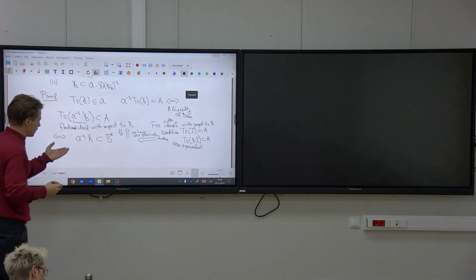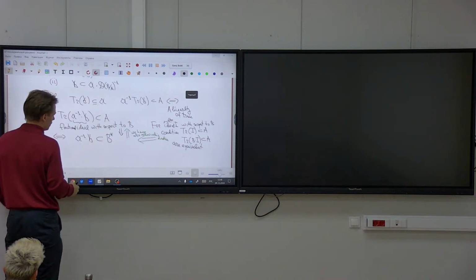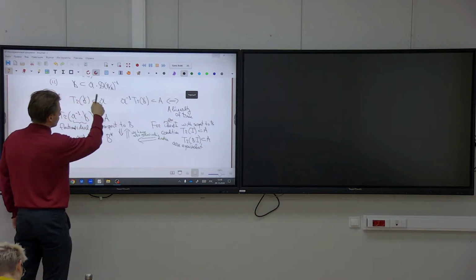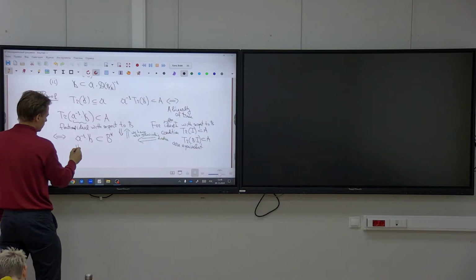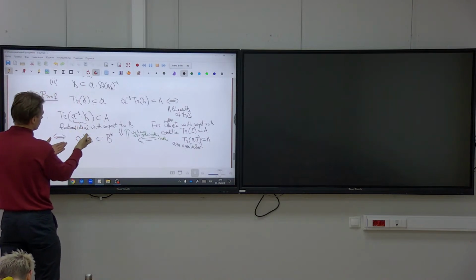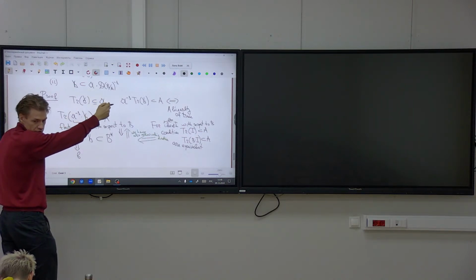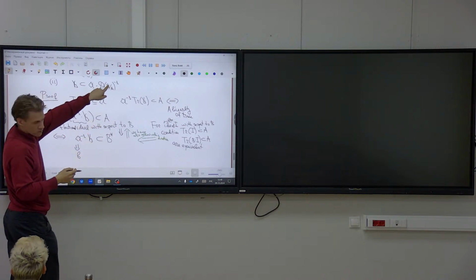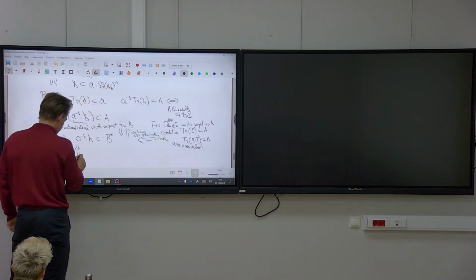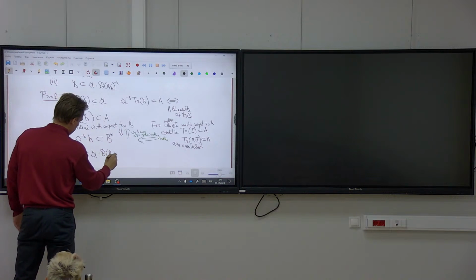Whenever you have this, you just rewrite it to get that B sits, if you invert it, inside A times the different of B inverse.